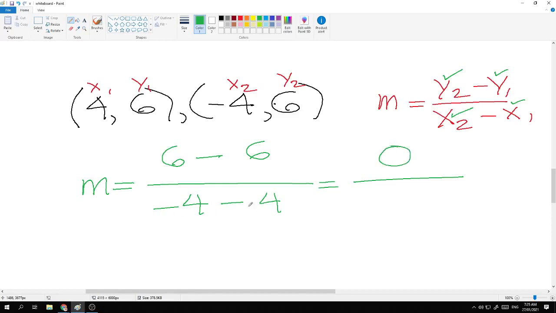Negative 4 minus 4 is negative 8. What's your answer here? 0. A numerator of 0 is simply equal to 0. So if you graph this, it's a horizontal line.